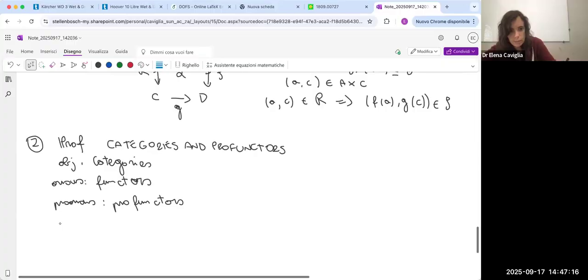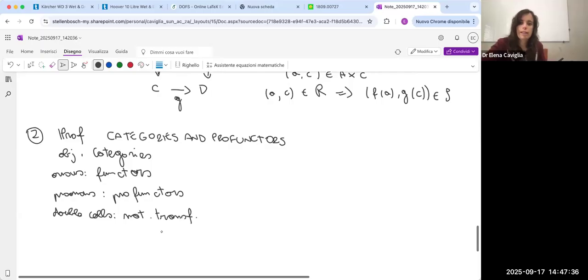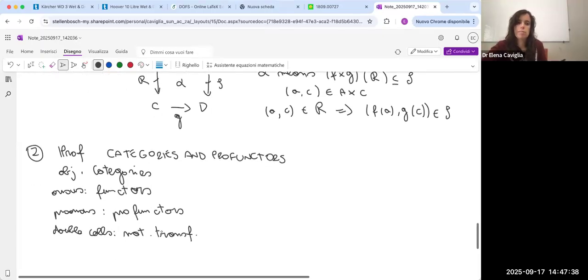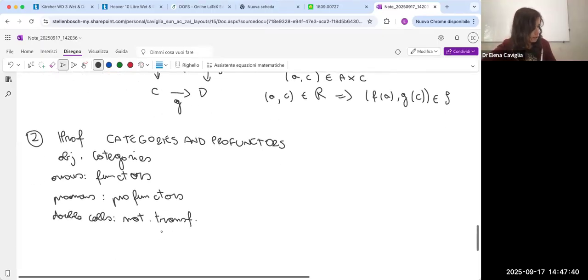And our double cells are just natural transformations between the right functors, profunctors, natural transformations. So this is a similar idea to that of sets and relations, but it is for categories.